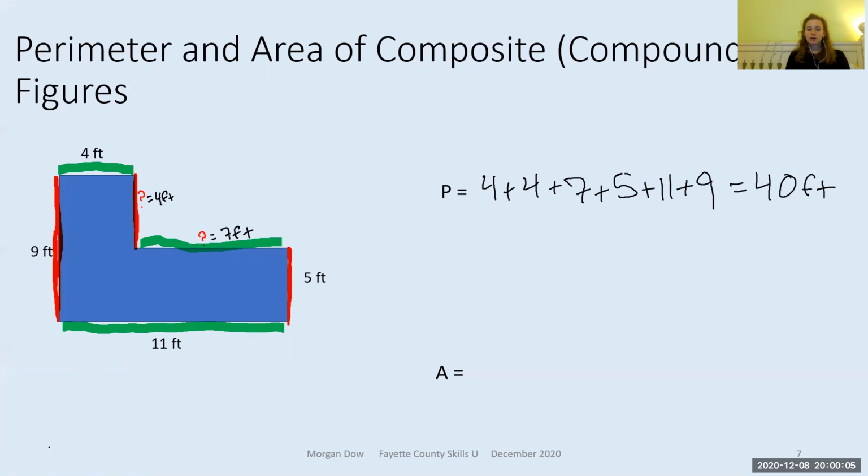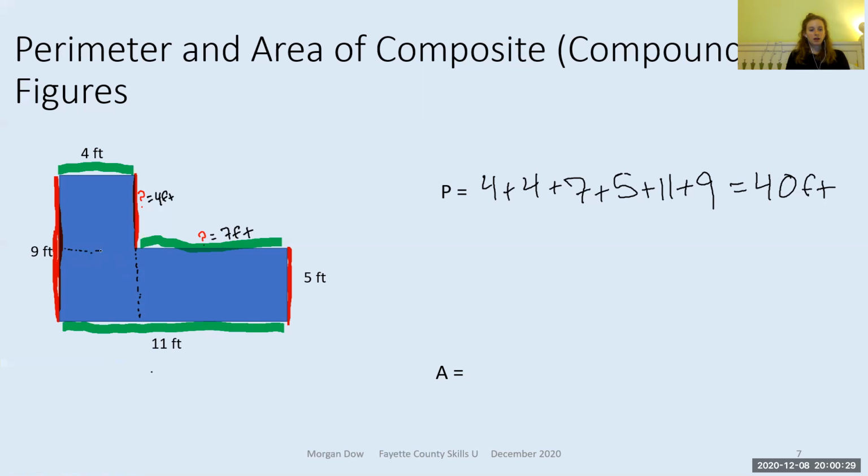All right, so now let's tackle the area. To calculate area, we're going to need to split this up into simpler shapes. There's a couple of different ways we can do that. We could extend this line down here to split it up into 2 rectangles. You could also split it up in a different way.